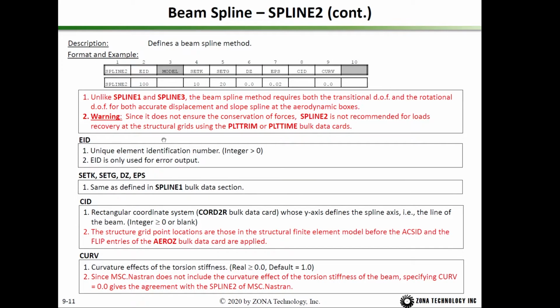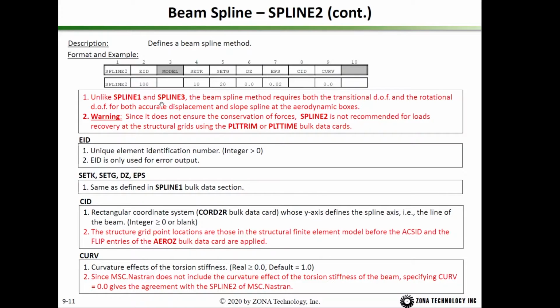So the card name is called SPLINE2, and unlike SPLINE1 and SPLINE3, the beam spline requires both the translational degrees of freedom and rotational degrees of freedom for accurate displacement and slope splining at the aerodynamic panel.